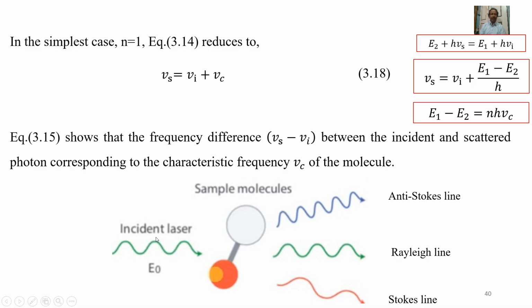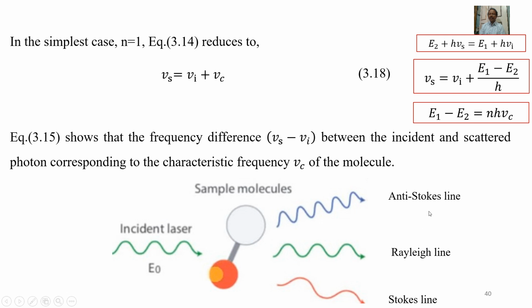And when the incident light falls on the sample molecules here, we have inelastic scattering as well as elastic scattering. So we have Rayleigh lines and Raman scattering. So look at the color. We have the same color coming out, which is nothing but your Rayleigh line.